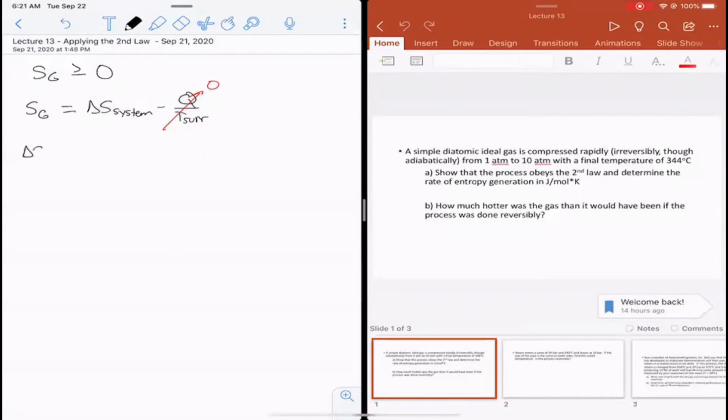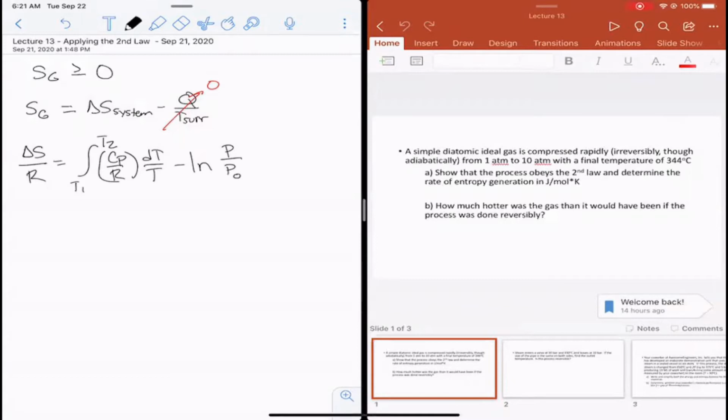And that was that the change of entropy of our system divided by R was equal to the integral from the initial temperature to the final temperature of Cp over R dT over T minus the natural log of P divided by P0.